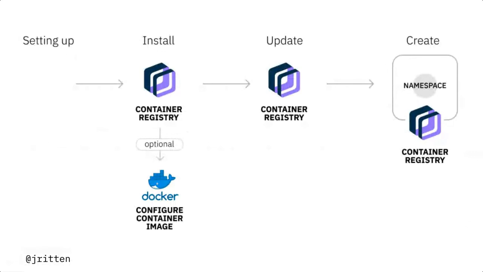IBM has a container registry. It's called IBM Container Registry. We have public and private registries as well. You can deploy any of your container images to Code Engine, for instance, or any of our Kubernetes offerings, directly from your container registry. I just wanted to make you aware of what your options are.